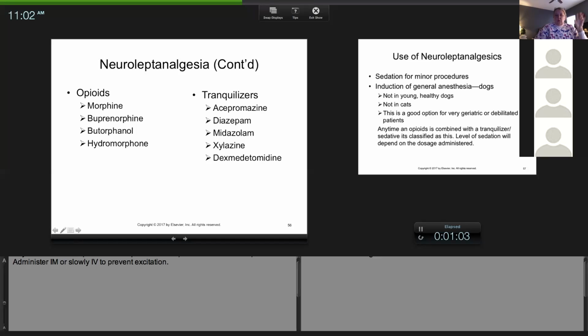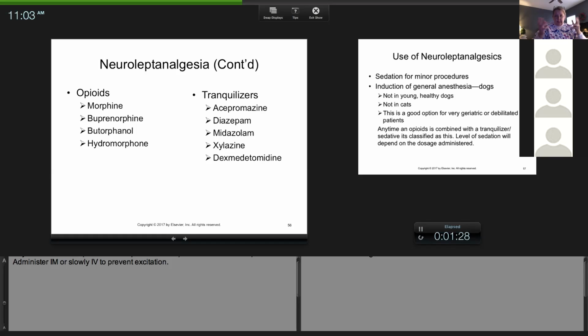The one category of drug that when I talked about induction agents, I said sometimes we'll use what's called a neuroleptanalgesic induction. Neuroleptanalgesia just means that you combine an opioid and a tranquilizer. If you do that in low doses, you can do this for sedation, like morphine and acepromazine.